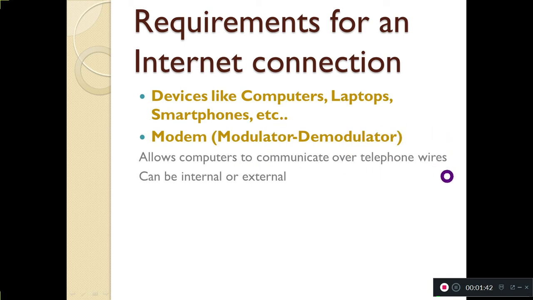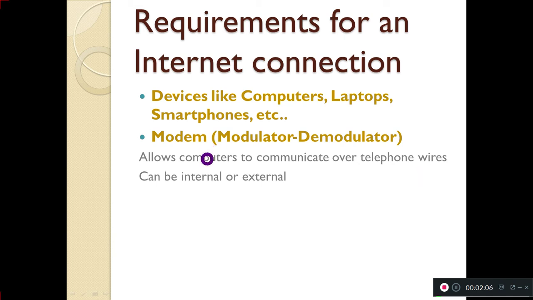Now what are telephone wires doing here? The data transmission is done through telephone wires. Now what is this modem doing? Computers process digital data, and telephone wires transmit analog data.